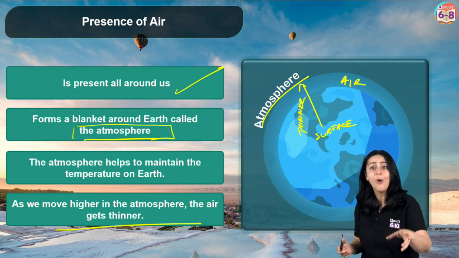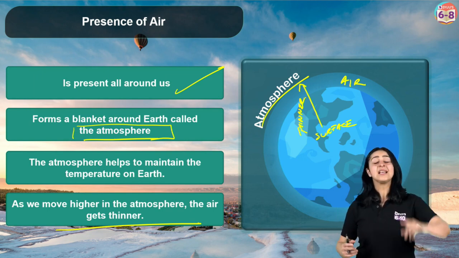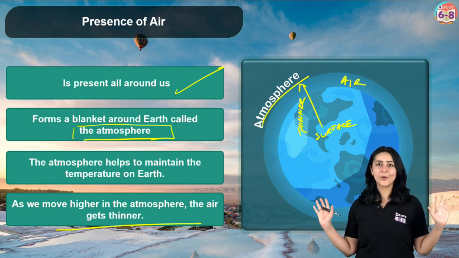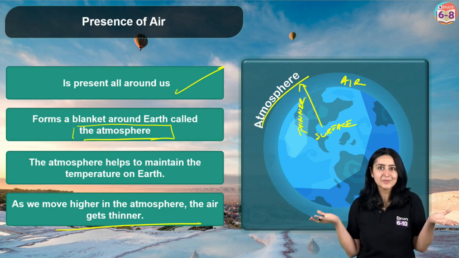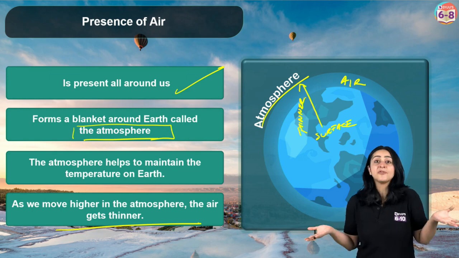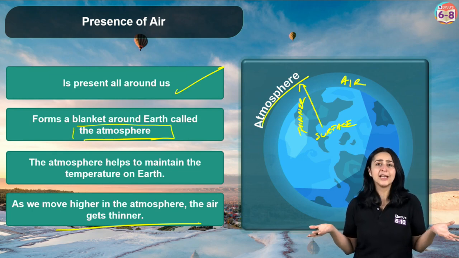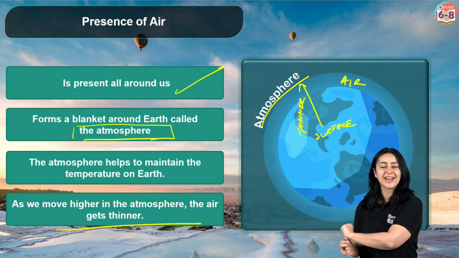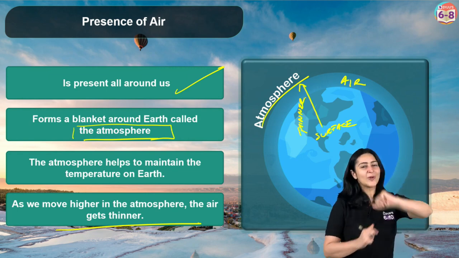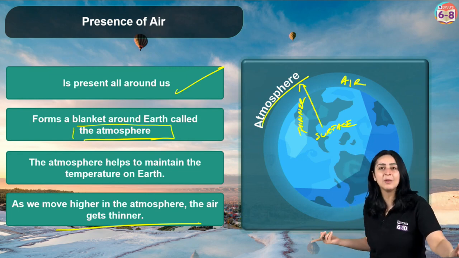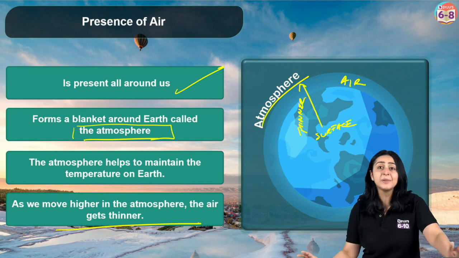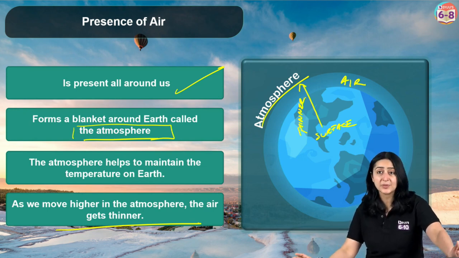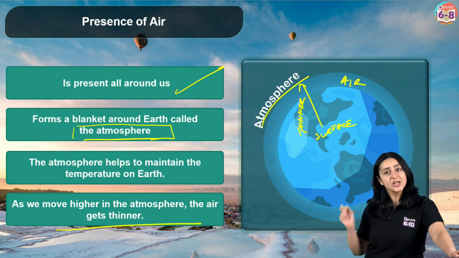But for now, what is important to remember is, number one, air is all around us, right? And without this beautiful air that we have, so many of the things that we take for granted in our daily life, like blowing out a birthday candle, or seeing that balloon float up into the sky, or seeing that pinwheel move around, or blowing bubbles, all of this would not be possible, right? Now, air is all around us.